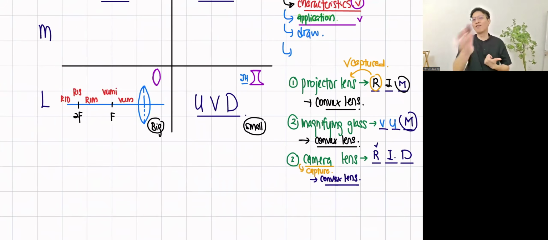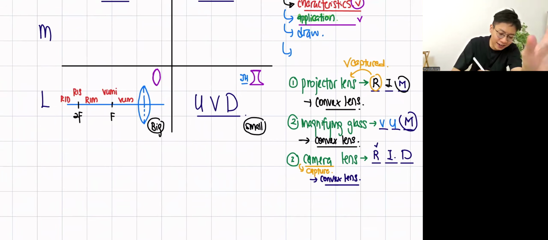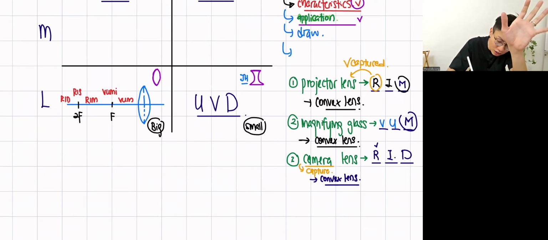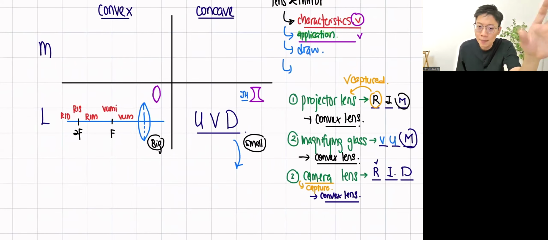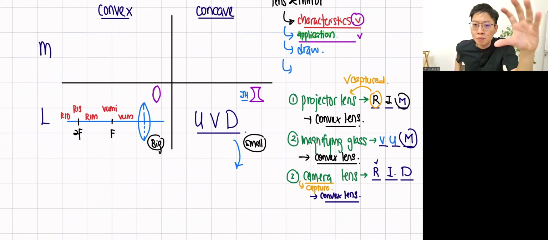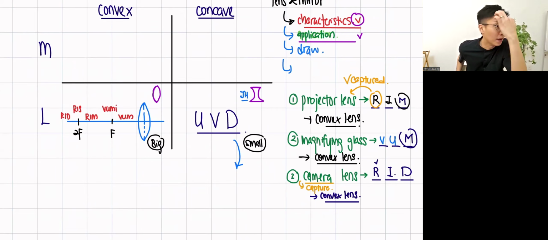Camera lens, convex lens; magnifying glass, convex lens; projector, convex lens. In fact, the only thing that we use the diminishing lens, which is your concave lens, for. Diminish means become smaller.